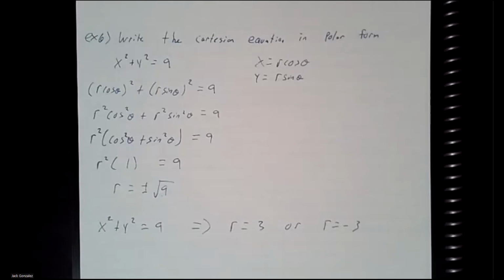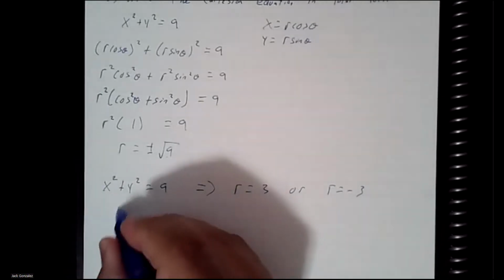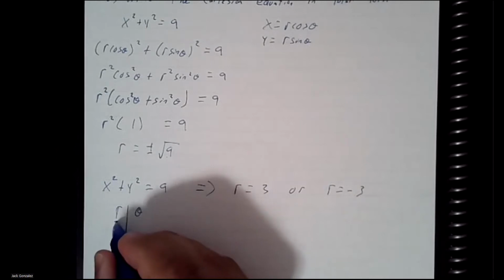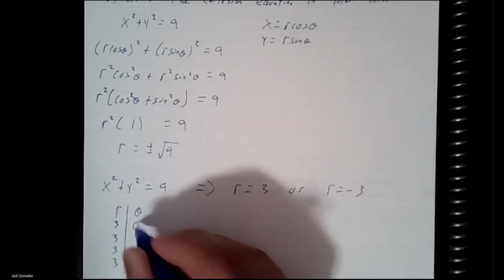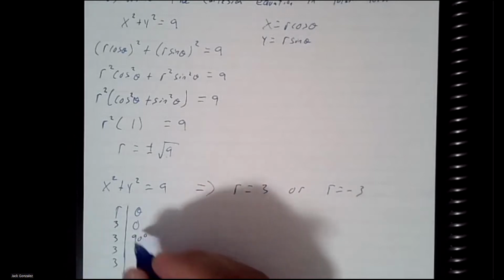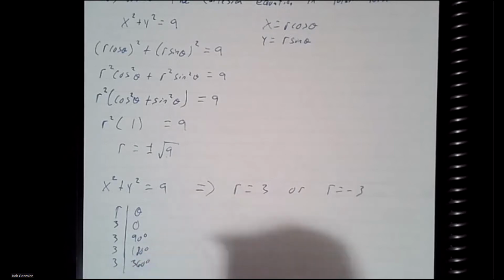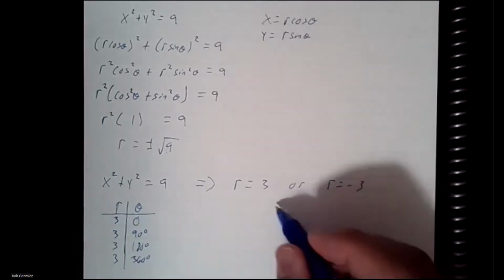So if you were to create a little table, r and theta, r is 3 no matter what. So as you go around the circle, when it's 0 or 90 degrees or 180, still 3. As I keep choosing these angles, it's going to create that graph.